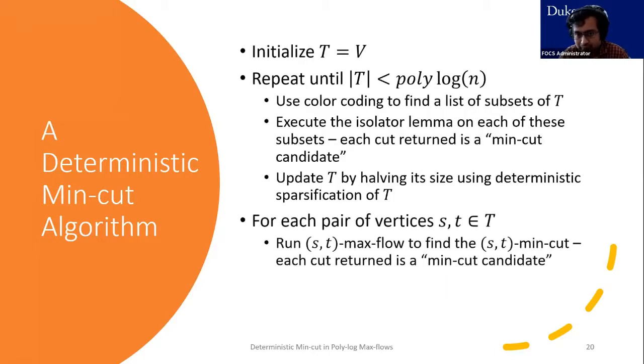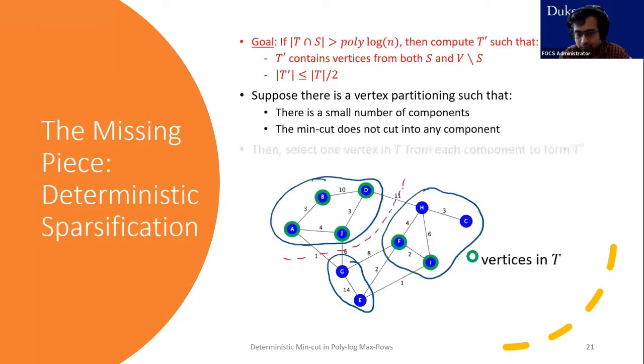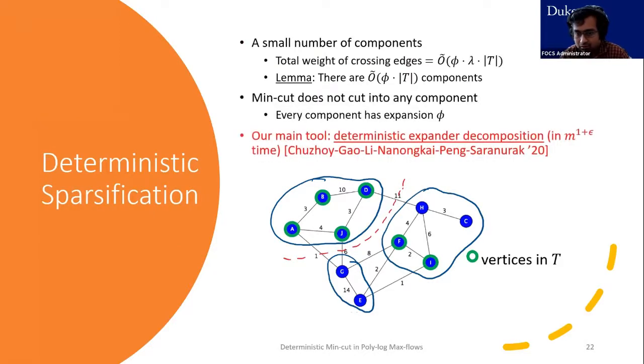Okay, so how do you do this? Again, I will skip the details. But basically, the idea is we use something called a deterministic expander decomposition due to Chuzhoy, Gao, Li, Nanongkai, Peng, and Saranurak. So the basic idea is if I can split up my graph into a bunch of expanders, then my min cut cannot really cut very deep into these expanders, because then it's incurring a lot of edges if it's cutting deep into the expanders. In the ideal case, the min cut will actually not cut into any expander at all.